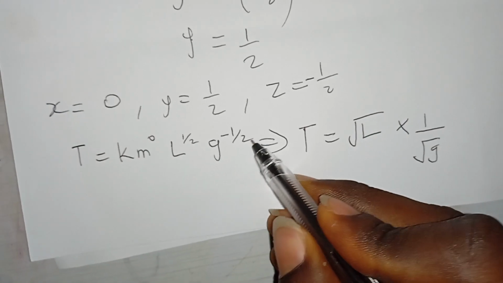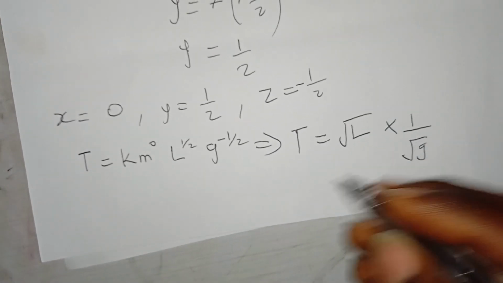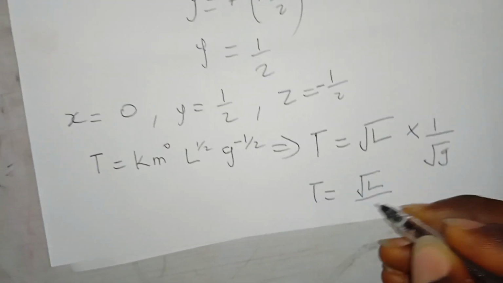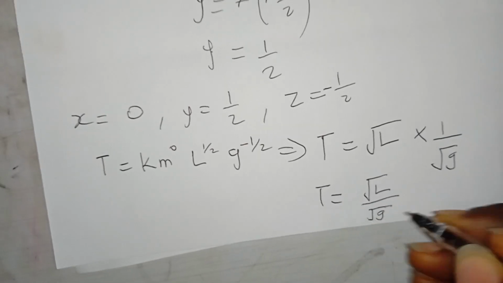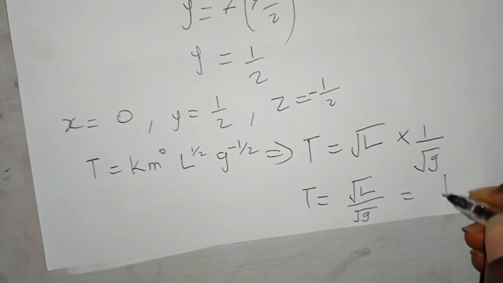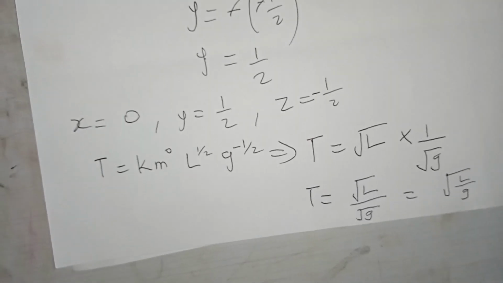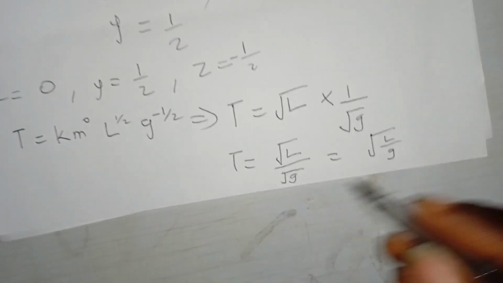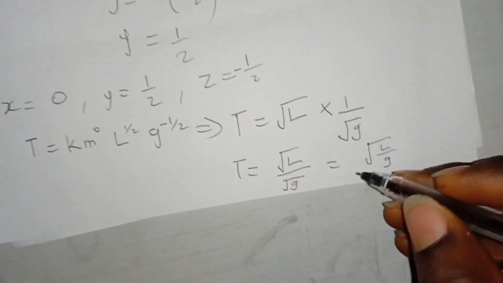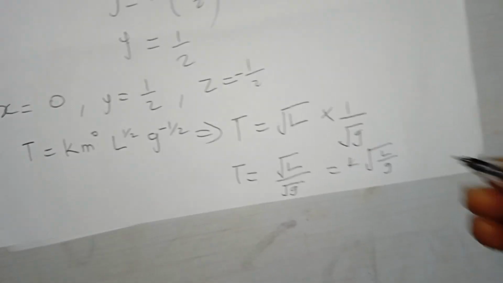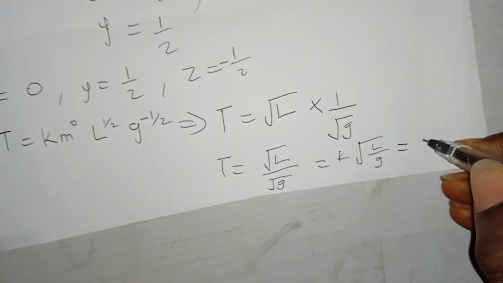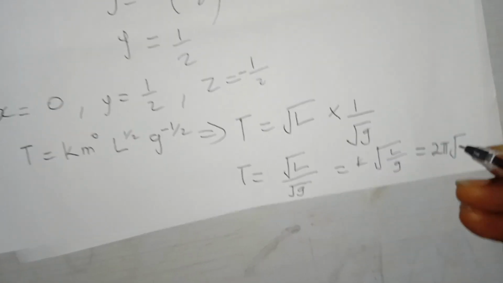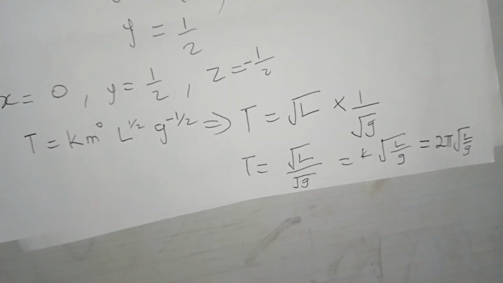Anything raised to power minus half is the same thing as 1 all over that. So T equals root l all over root g, which is root of l over g. Now remember that k is our invisible constant. So if we bring in our k constant, k was found to mean 2π. So this is the same thing as T equals 2π root l over g.